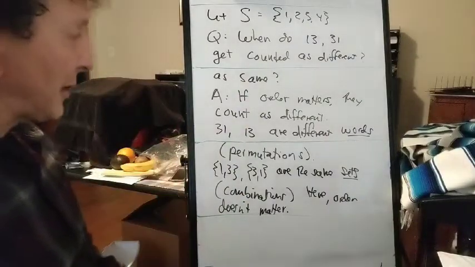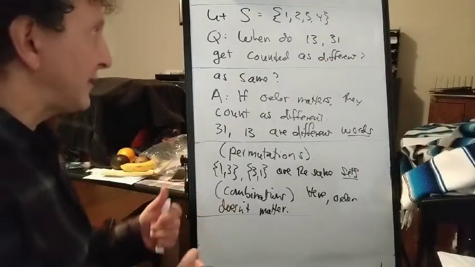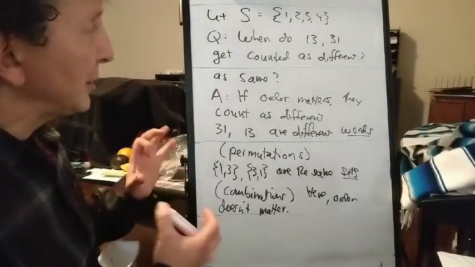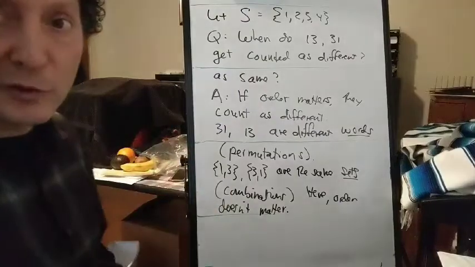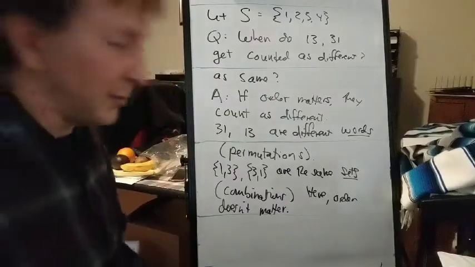Alright, that's the abstract point of view, which probably makes sense to you, but in real life applications the situation looks a little bit different. So I want to do this with real life objects and not just numbers 1 through 4.